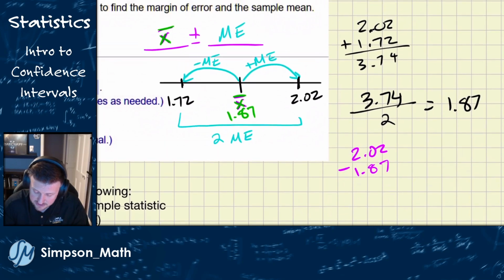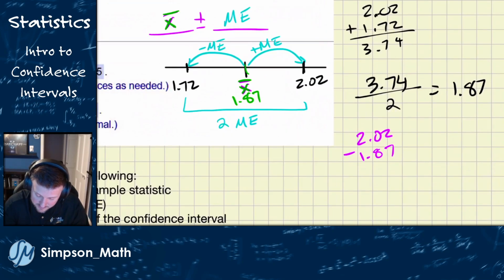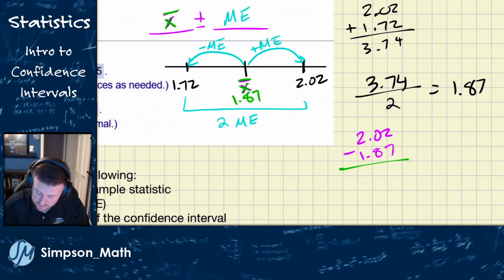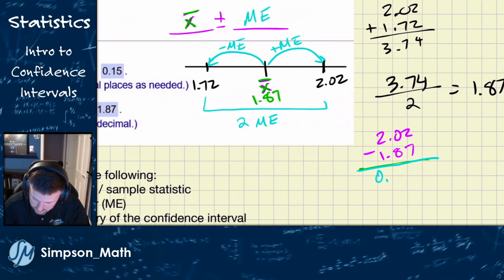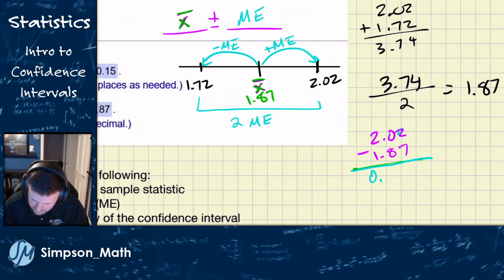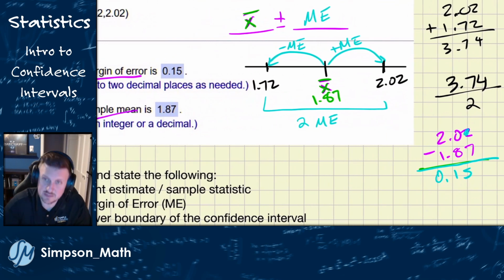If I do this subtraction, it gives me the distance between here and here. You can do it by hand or use a calculator. 2.02 minus 1.87, and I get 0.15, which is what I was expecting.